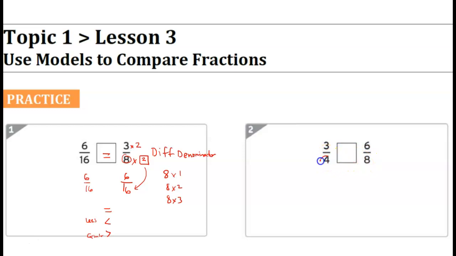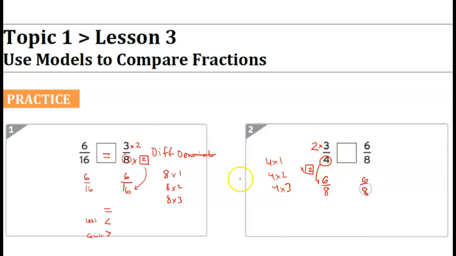We can change that 4 into an 8. So that would be 4 times what gets us 8? 4 times 1, 4 times 2, or 4 times 3? 4 times 2, which means if I multiply those two together, that would be what? 6.